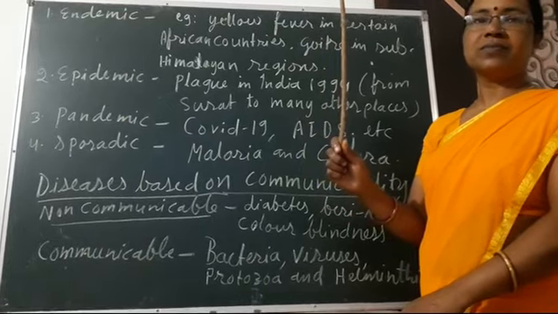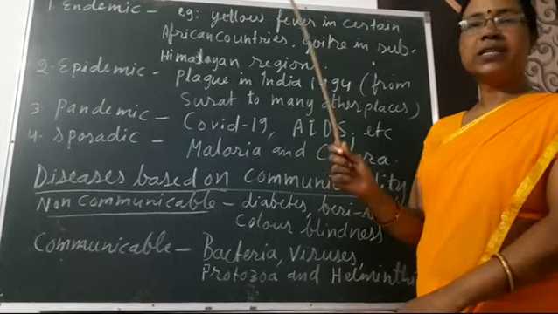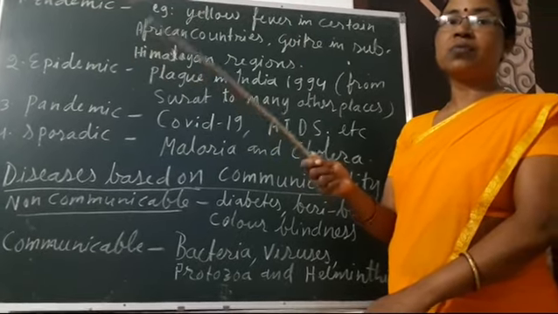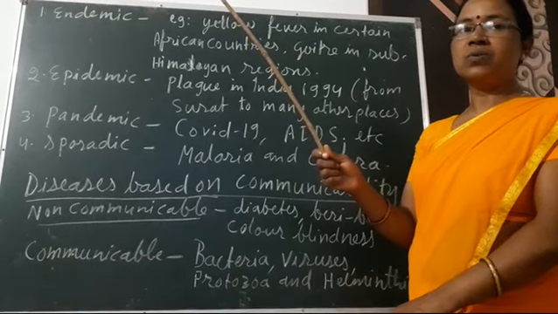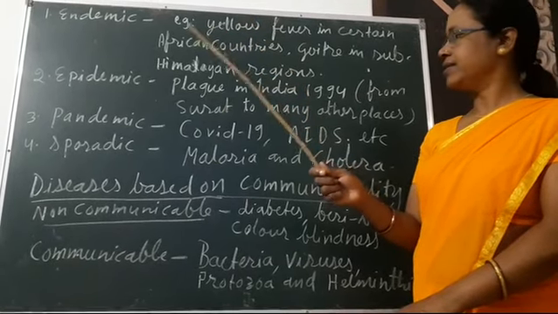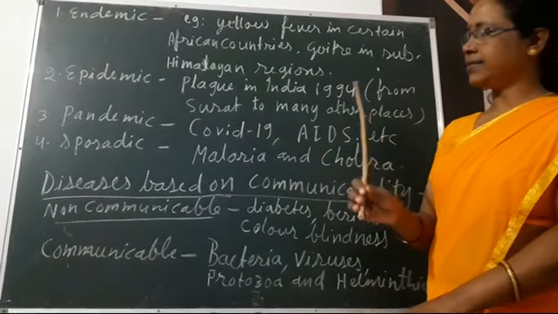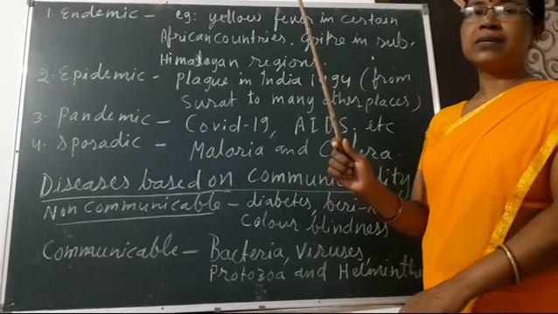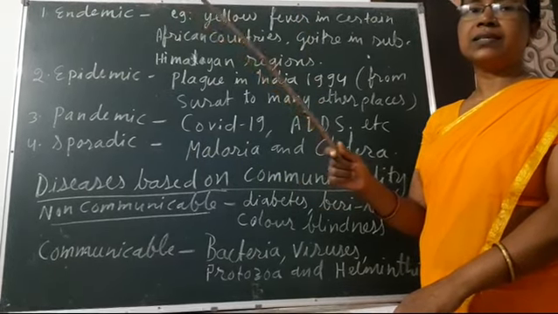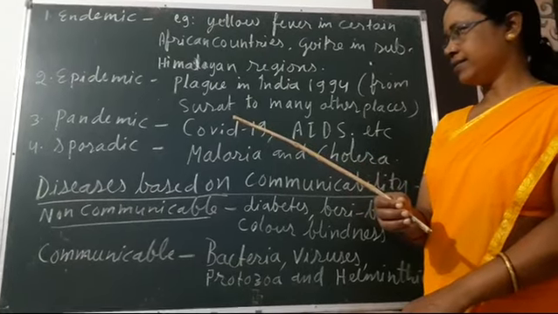Now you are well aware of the pandemic disease COVID-19, which attacked worldwide. In the whole world it spread, like COVID-19 and AIDS. And sporadic, which attacks only a few people scattered here and there, like malaria, cholera, etc.